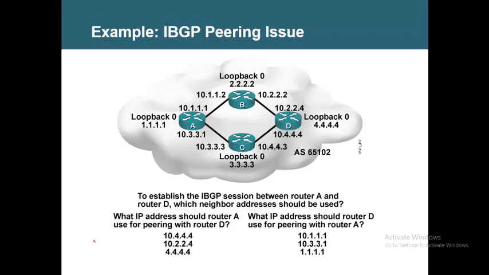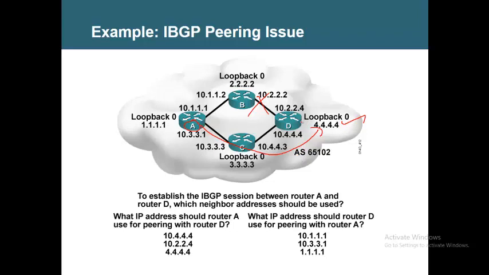Please understand. If I use that loopback interface address as a neighbor address, what is the advantage? If any one of the physical paths is available, that loopback is pingable, isn't it? If this path goes down, I can still reach that neighbor, isn't it?